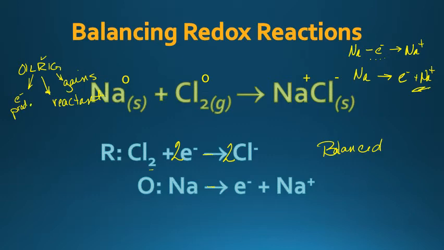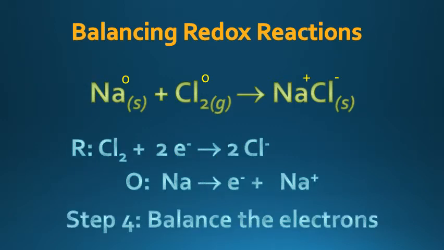Is the oxidation half reaction balanced? Yeah, it is. Okay, good. Ready for the next step? The next step then is to balance the electrons, because our ultimate goal is going to be to cancel things out like you did when you had two separate equations.